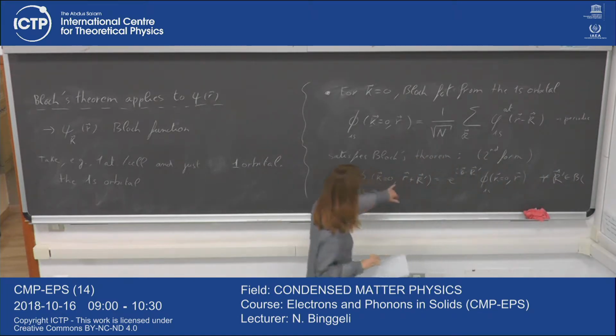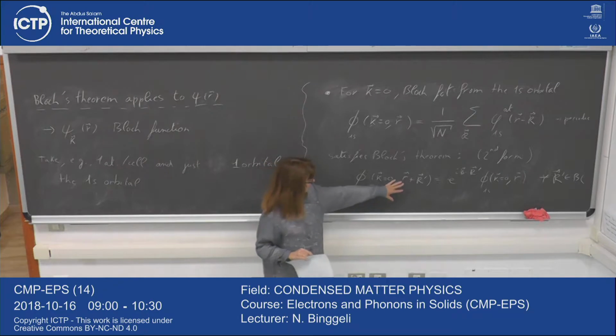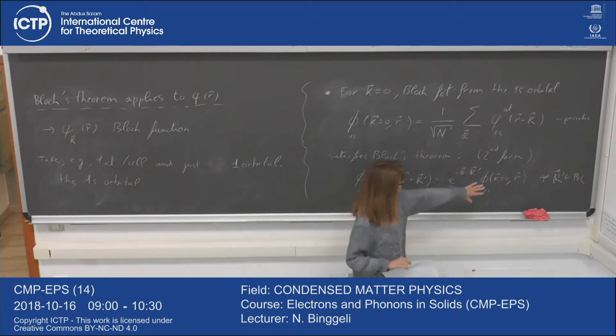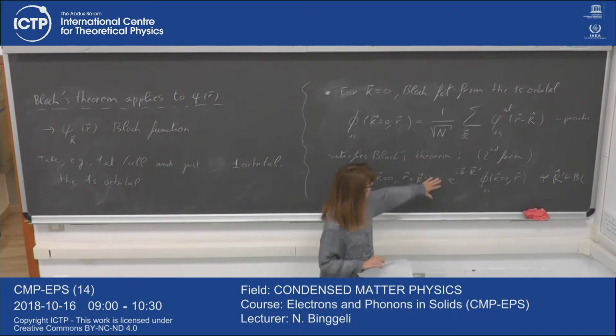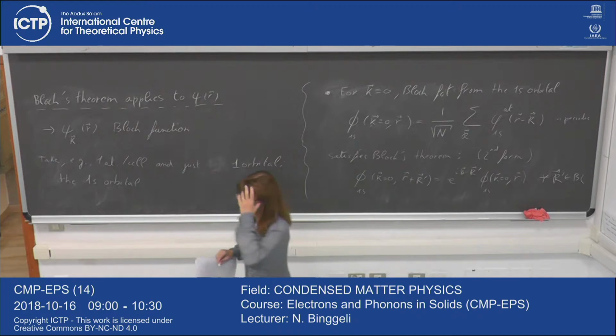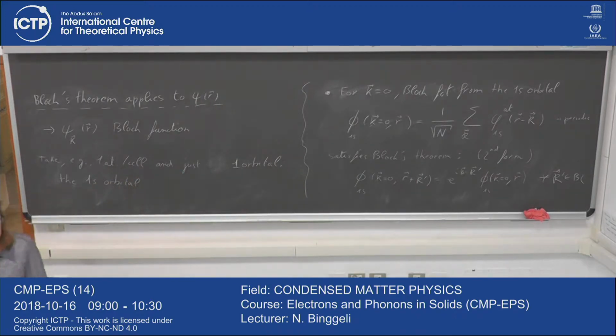So if I add to my Bloch state, to my state phi R, a vector of the Bravais lattice R prime, I obtain the same wave function times exponential ikR prime. This was the second form of Bloch theorem we had seen.